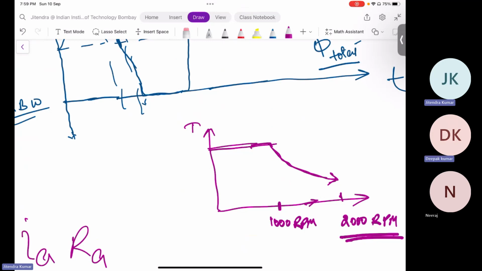When you are already moving at 60 miles per hour or 80 kilometers per hour, do you require that much acceleration, what you would have required at 0 kilometers per hour? No, sir, we need to maintain a steady speed of 60.